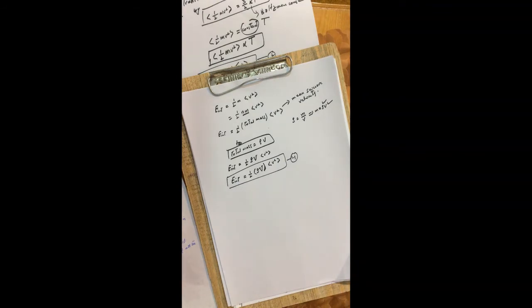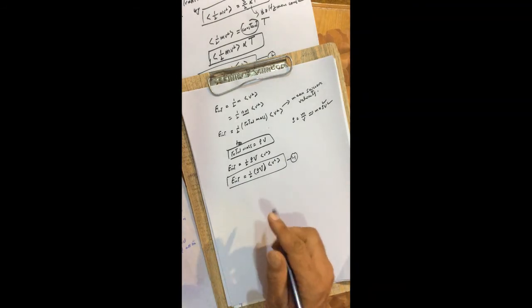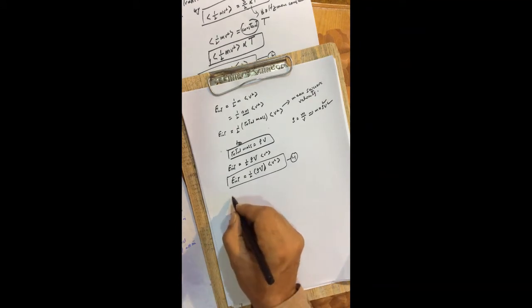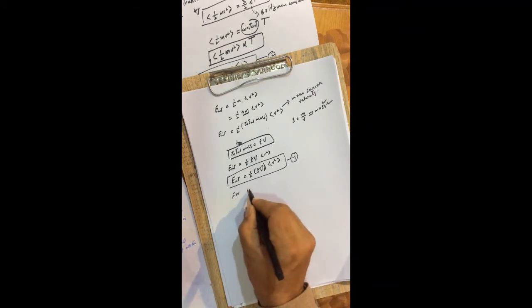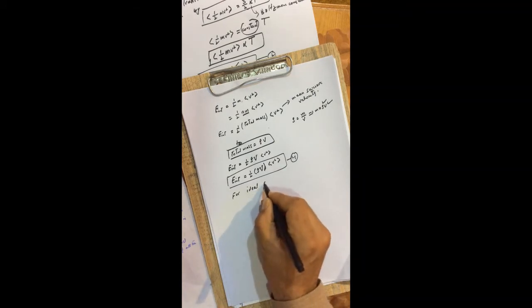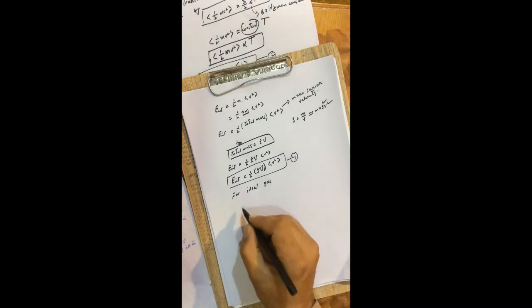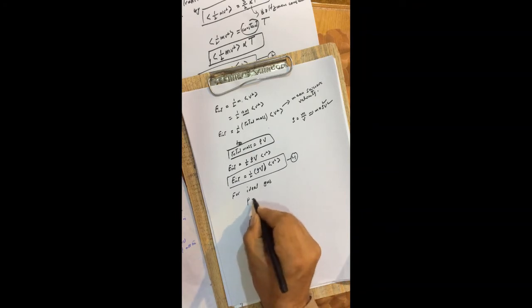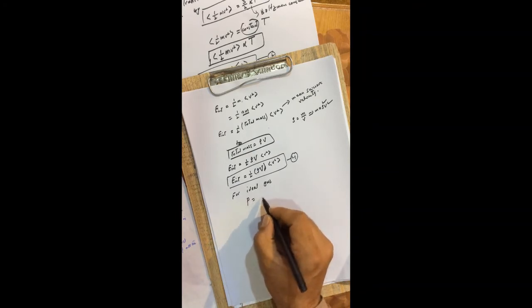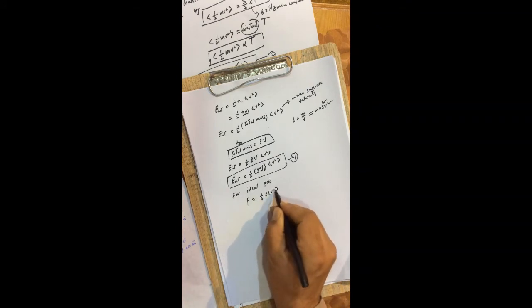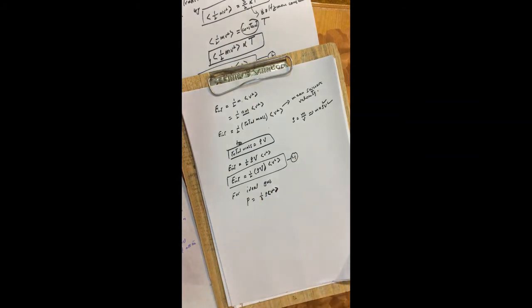But we also know that for an ideal gas, the pressure is related to the velocity by this relation: 1 over 3 rho v square, where this v square with this sign represents the mean square velocity.